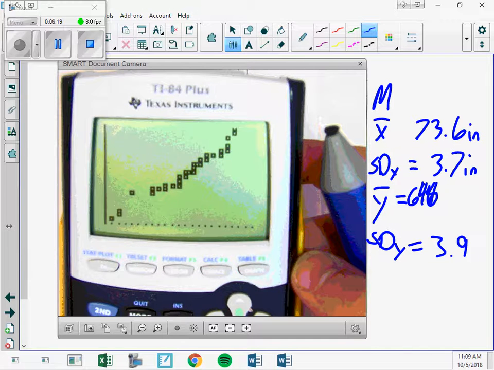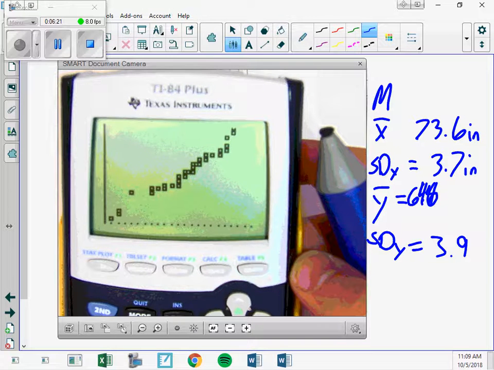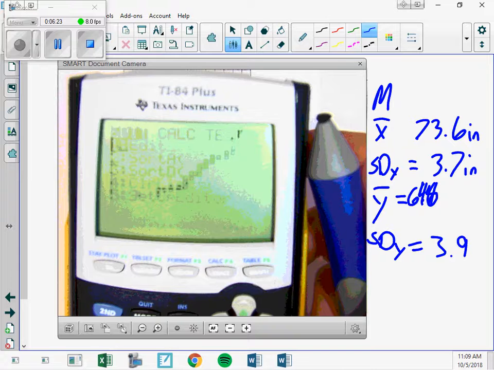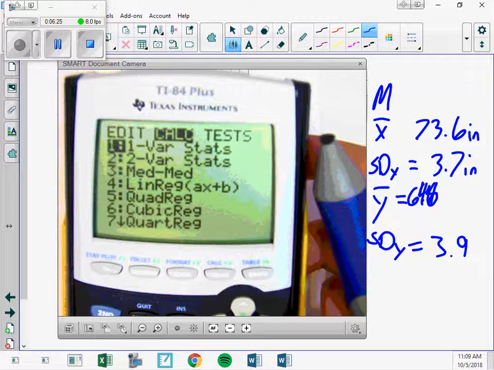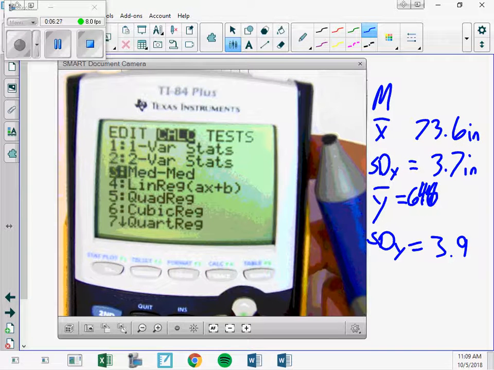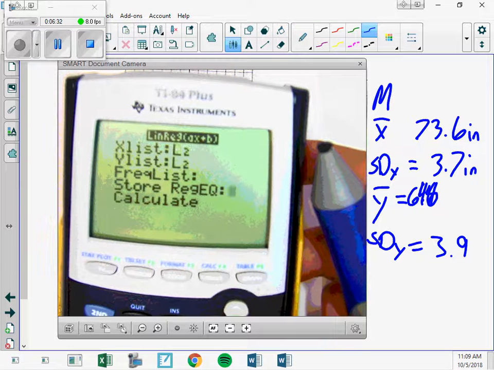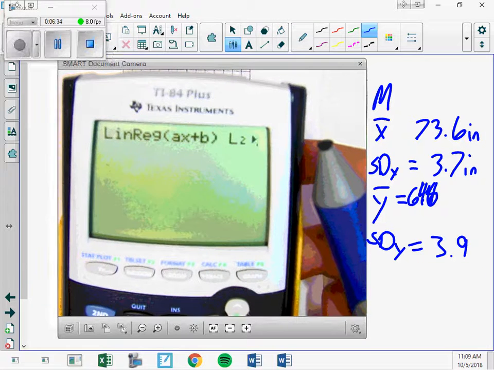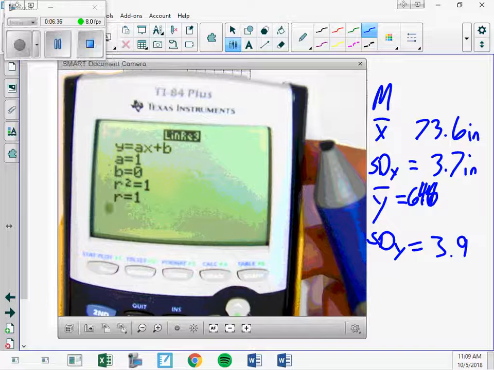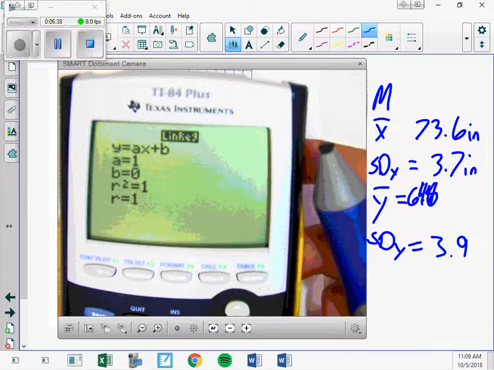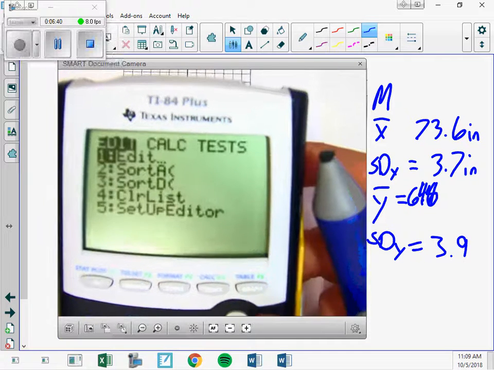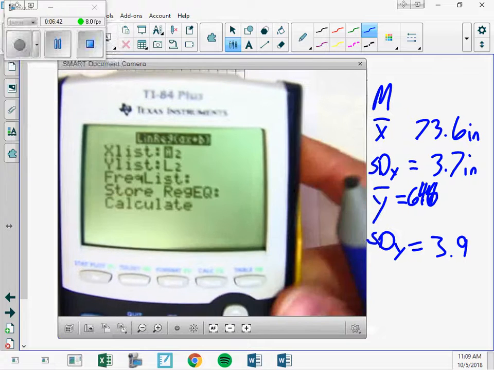How do we find the actual R value? You go stat, calc, and we go down to linear regression. And I get my R value. Oh, yeah, that's not going to work. Good catch. Linear regression.